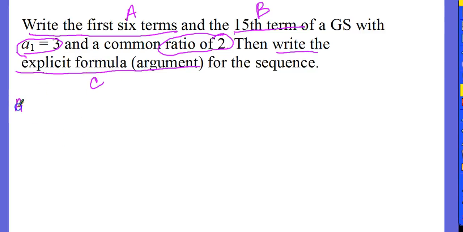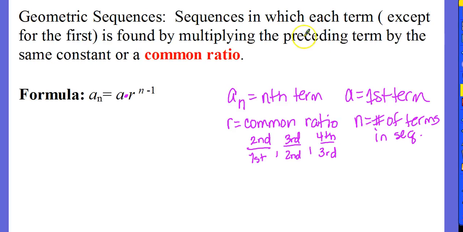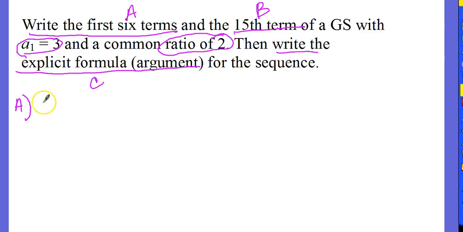So we'll start with A. And it says to write the first 6 terms in a geometric sequence. To do that, the definition says we have to have the first term. And then to find the next terms, we multiply the first term times the constant. And then we multiply times the same number over and over again. So we start with 3.